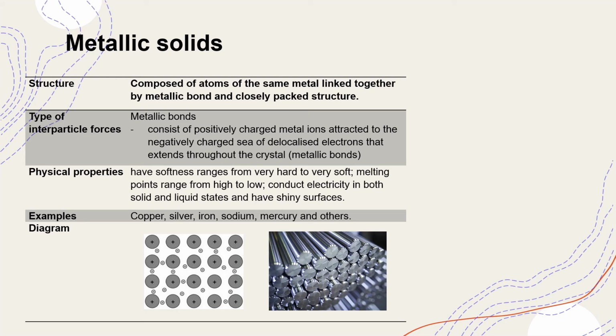For physical properties of metallic solid, the hardness can range from very hard to very soft, and the melting point can also range from high to low. Metallic solids can conduct electricity in both solid and liquid states, and all metallic solids have shiny surfaces. Examples of metallic solid include copper, silver, iron, sodium, mercury, and others.